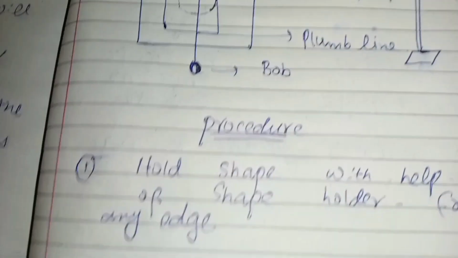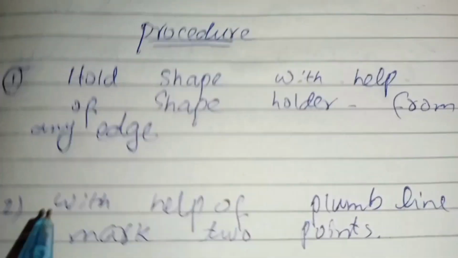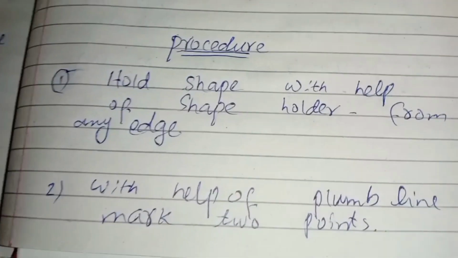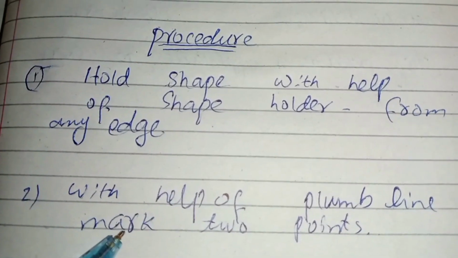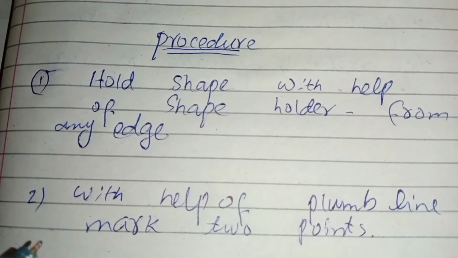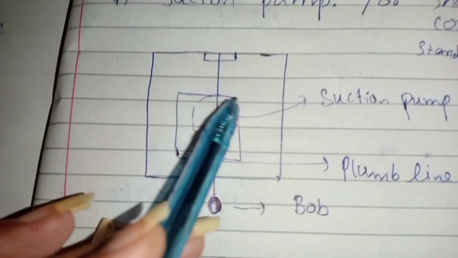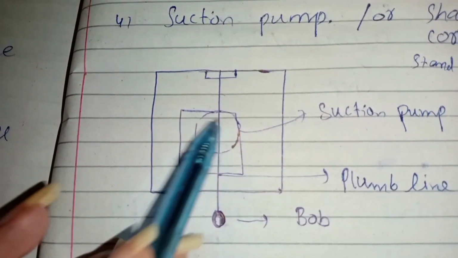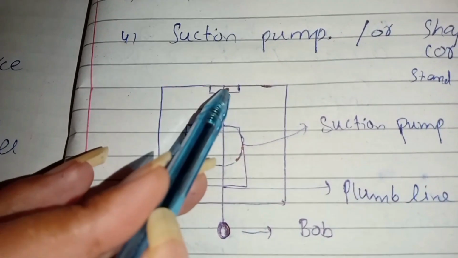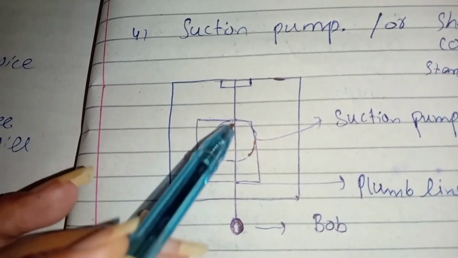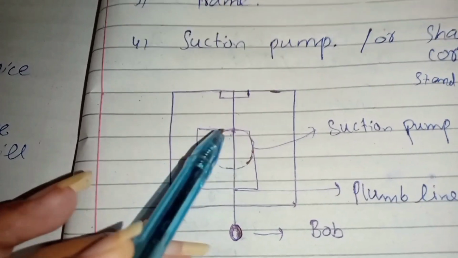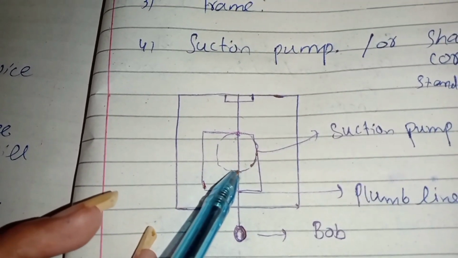The second step is to find the center of gravity. With the help of plumb line, you will have to mark 2 points. For example, if you have hung the shape from this point, you will have to mark the 2 points from the plumb line. One would be the point over here and the second point be this one.